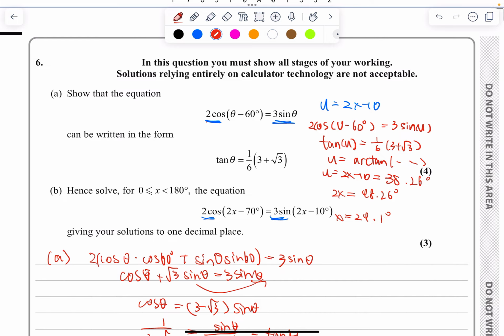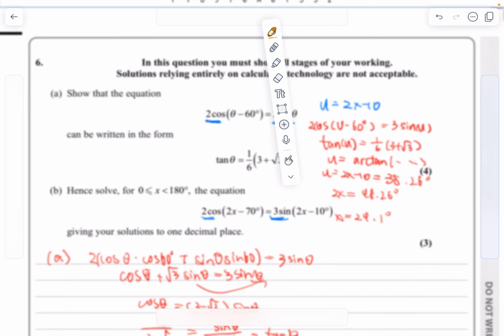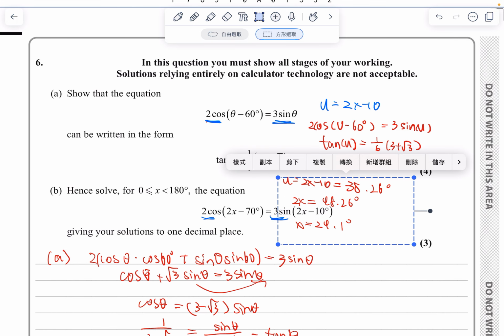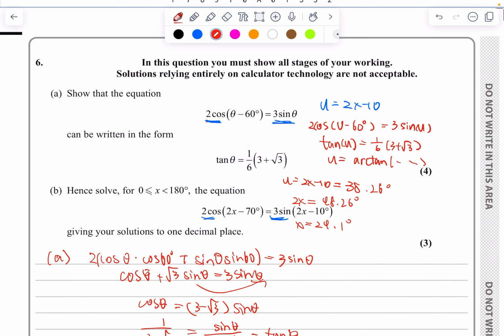And we have to consider the second case. So this thing right here can also equal 38.26 degrees plus 180 degrees.